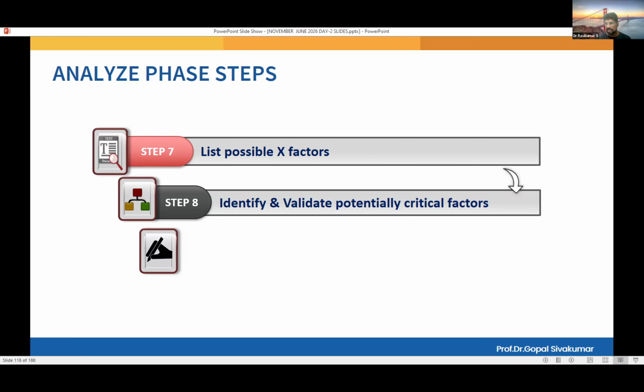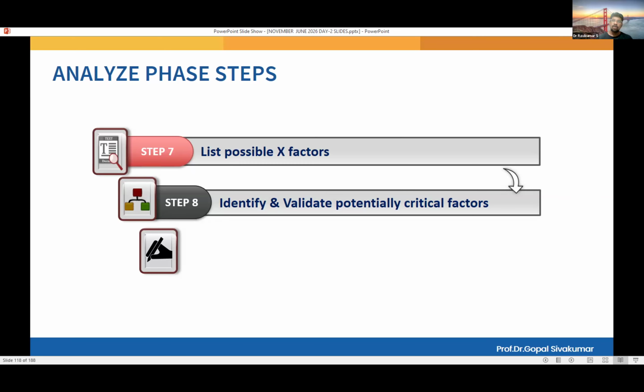The first step is listing the possible causes. The second step is filtering the possible causes and identifying the potential causes, which have the ability to impact or influence the problem and may be highly connected. For this we use the cause and effect matrix or the impact control matrix.